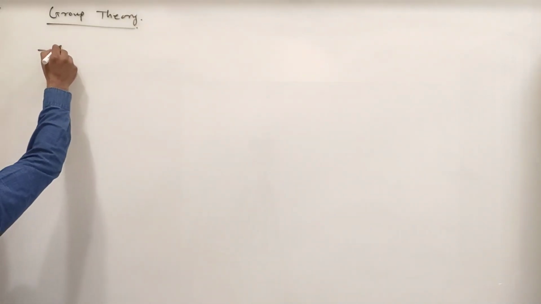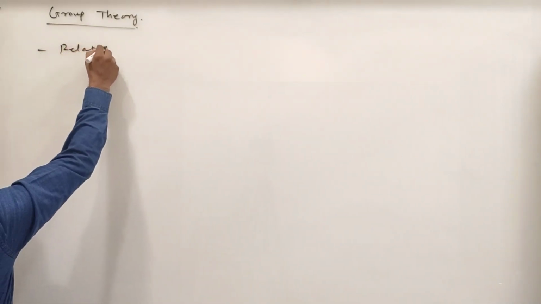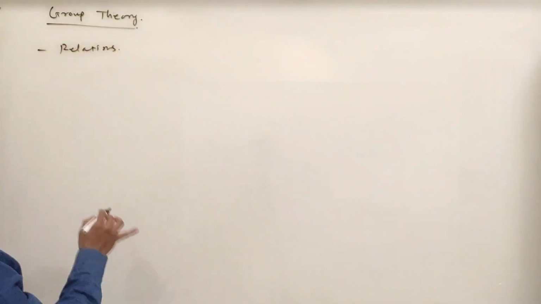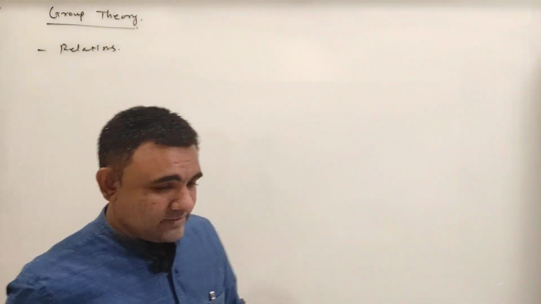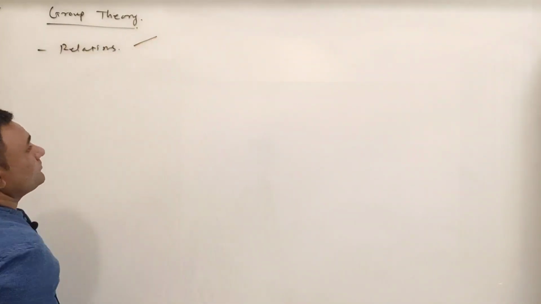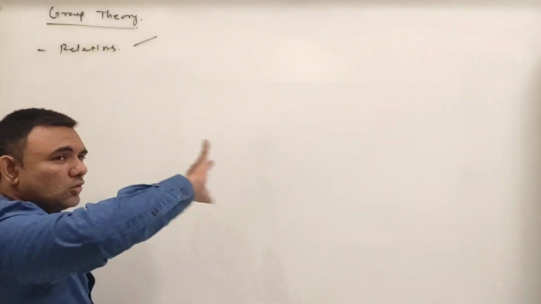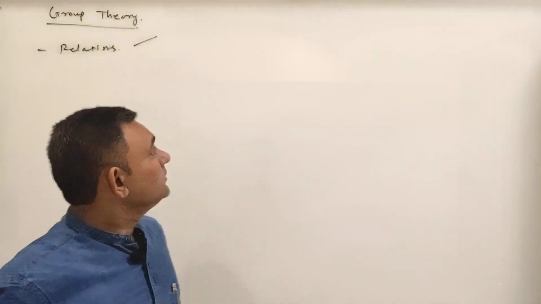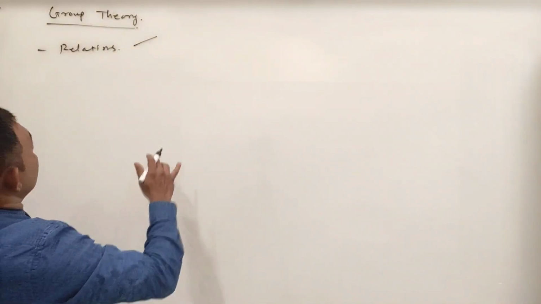First we learn relations. Why do we learn relations? See, we will learn four relations throughout the group theory. There are four relations in group theory on which group theory stands.